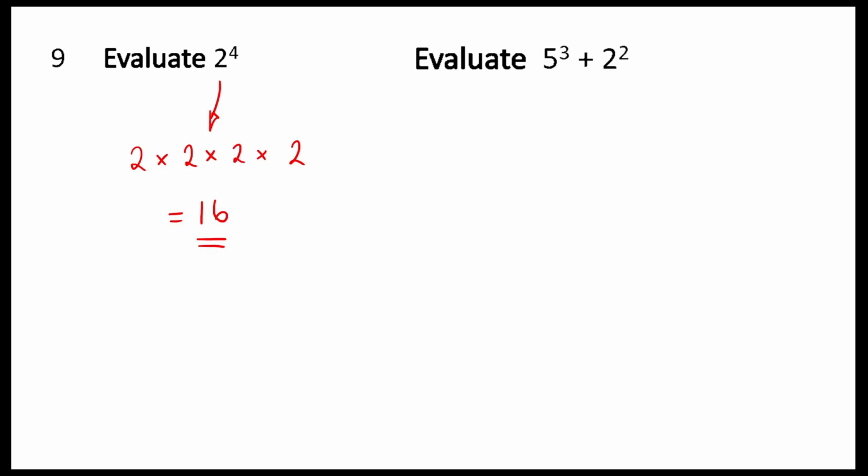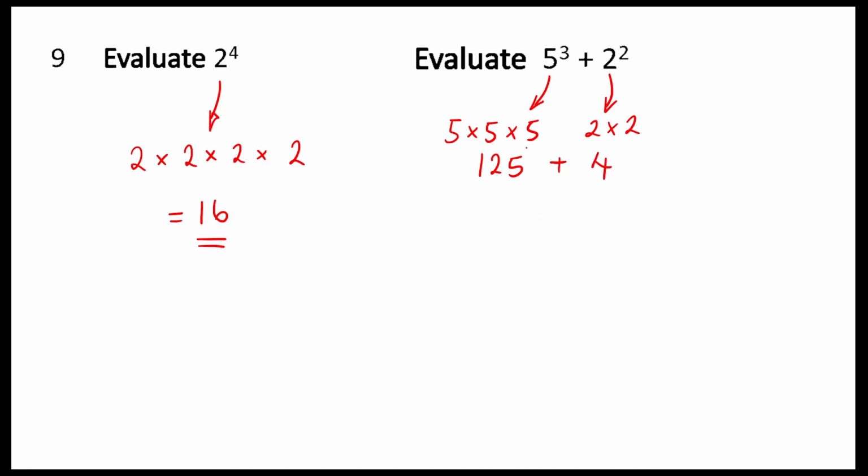For my second example, I just need to think a little bit more carefully about my order of operations, because I'm going to have to do these powers before I add my two answers together. So first of all, let's think what these two powers are. 5 cubed means 5 times 5 times 5, and 5 times 5 is 25. 25 times another 5 would be 125. 2 squared means 2 times 2, and I know that that's 4, and these are being added together.